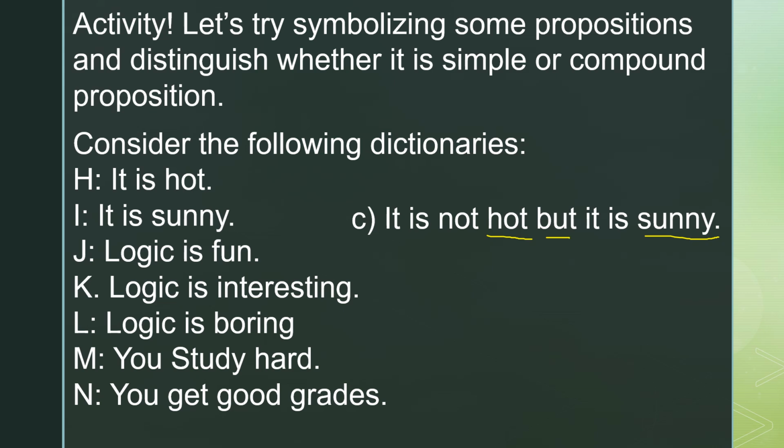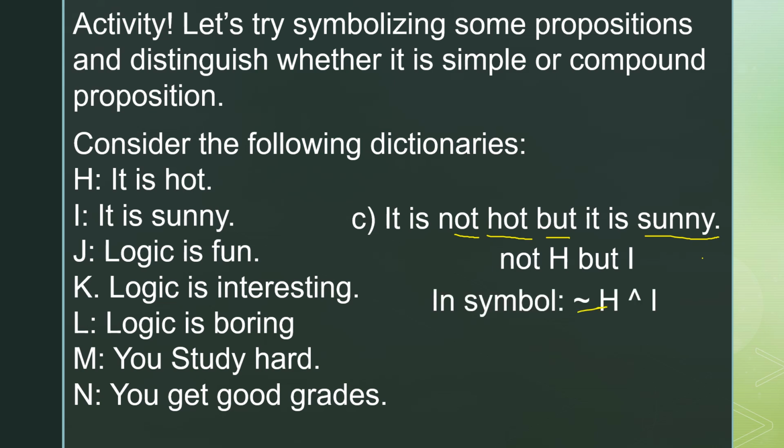So we can represent this as not H but I. In symbols, the symbol for not is this, and the symbol for but is this. So we have not H but I.